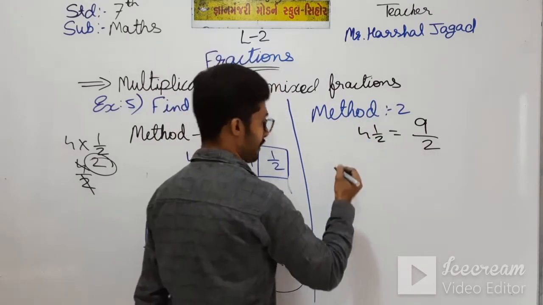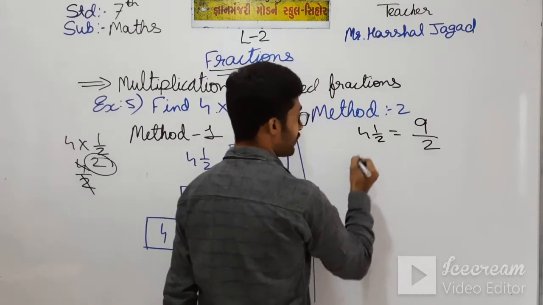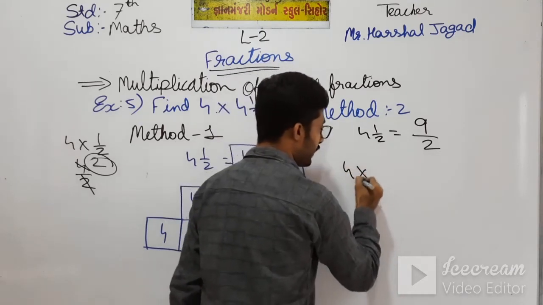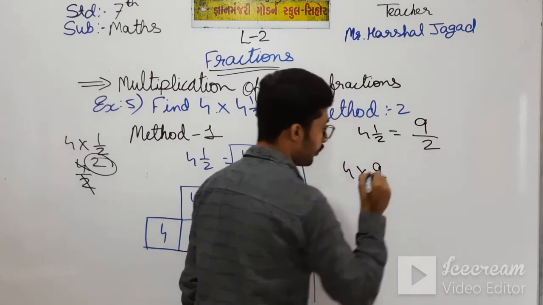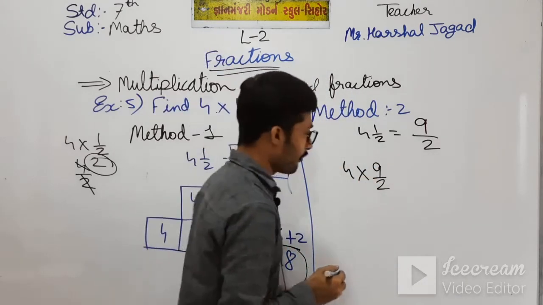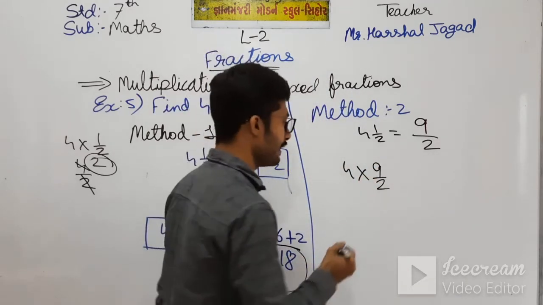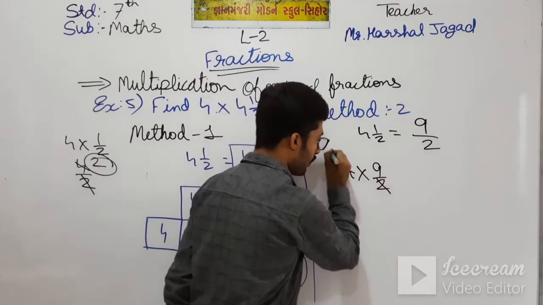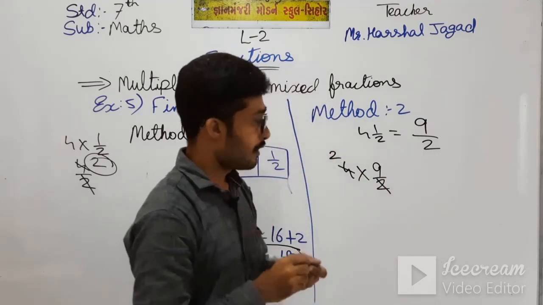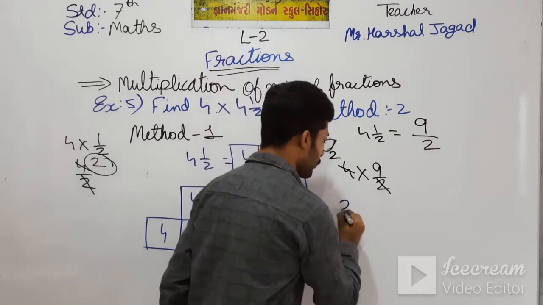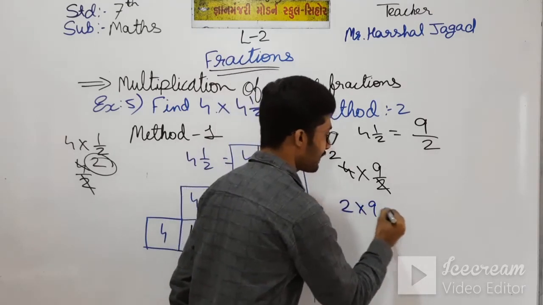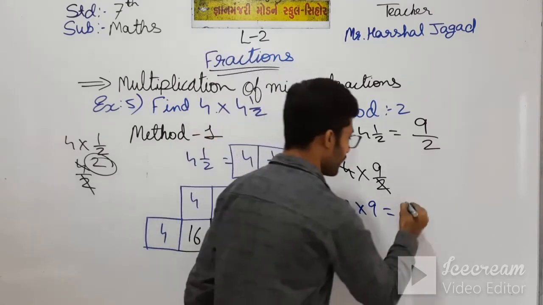Okay students, so next, what we have to do? 4 into 9 by 2. Okay students, now you can solve it easily, that is 2 2s are 4. So what we get? That is 2 into 9, that is 9 2s are 18.